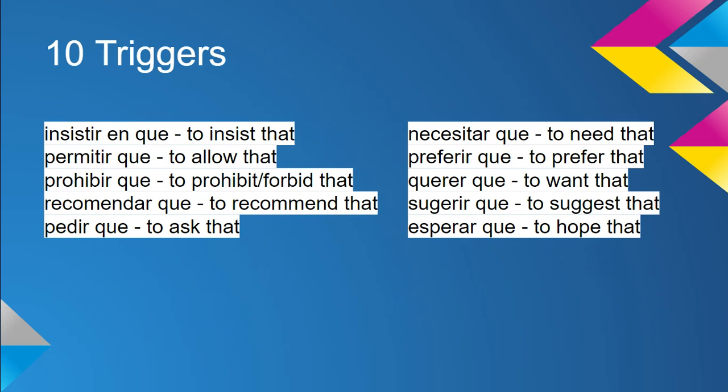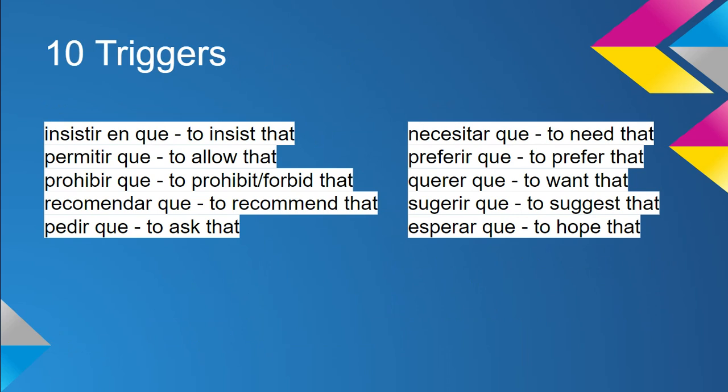Recomendar que, we already saw an example with that. Pedir que is to ask that somebody do something. My mom asks that I respect her. My mom asks that, present tense. I respect her, subjunctive.